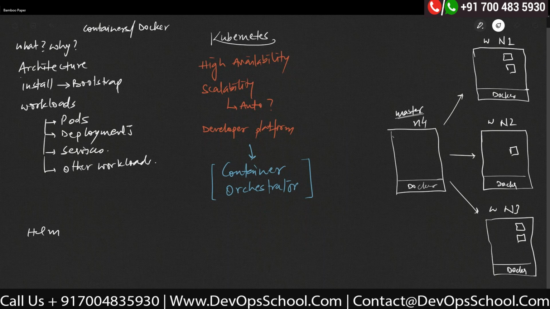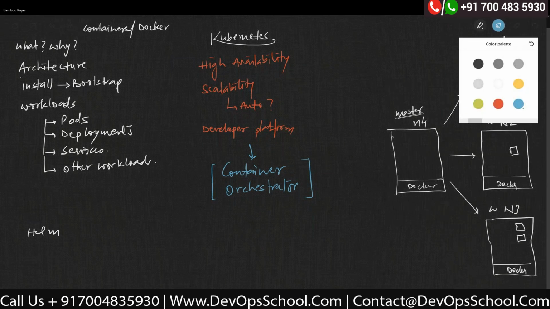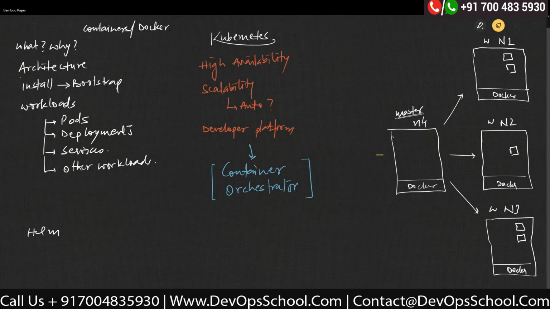This instruction to the master, that you have to deploy 5 containers, for example, is given to it by the developers. Developers need not know how to run containers, where to run them, where the infrastructure is, or how to log into those machines.